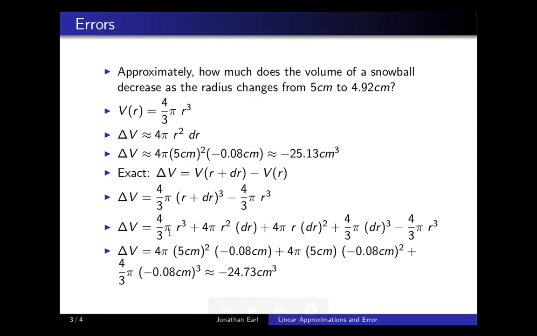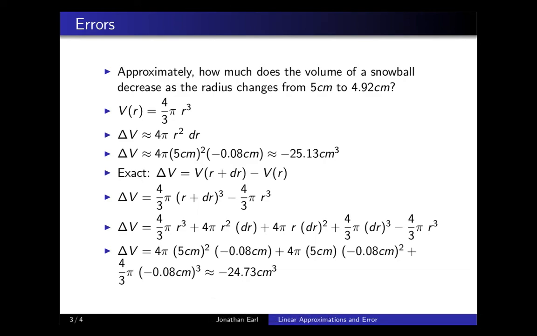So we get these three pieces remaining. We get the 4 pi r squared dr, which is what we've said here, and then we get two more terms. And we see that the exact volume change is about minus 24.73 cubic centimeters. So again, fairly close to what we've said for the approximate volume.